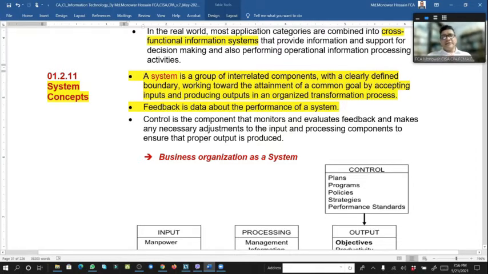Feedback is data about the performance of a system. Control is the component that monitors and evaluates feedback and makes necessary adjustments to the input and processing components to ensure that proper output is produced as per the design of that product standard.